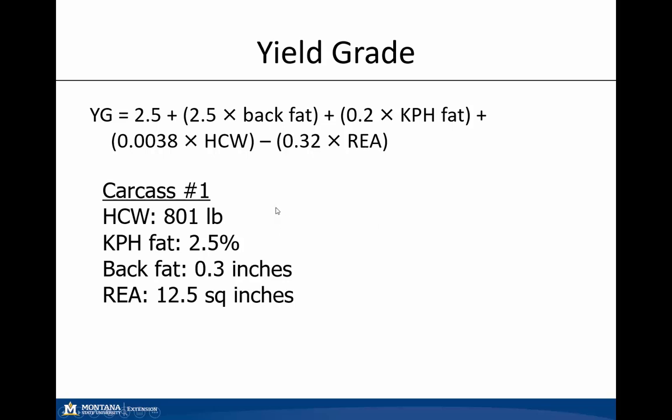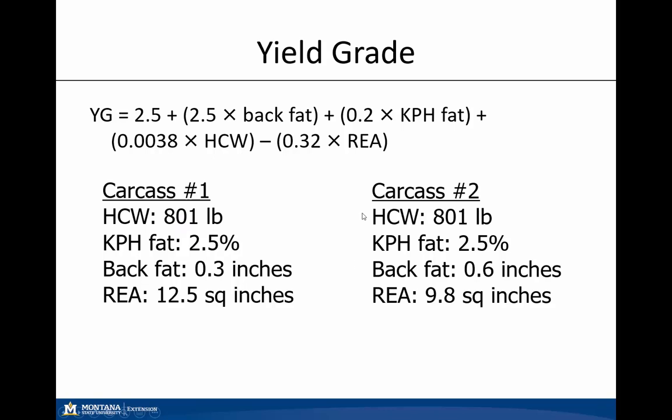So for an example, if we have one carcass with a hot carcass weight of 801 pounds, 2.5% kidney, pelvic, and heart fat, 0.3 inches of back fat, and 12.5 square inches. In carcass 2, same hot carcass weight, same kidney, pelvic, and heart fat, but this animal has 0.6 inches of back fat and only 9.8 square inches of ribeye area.